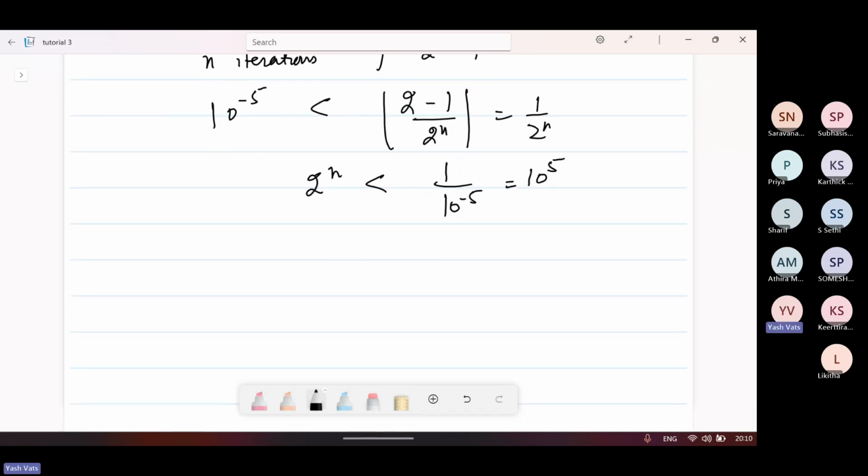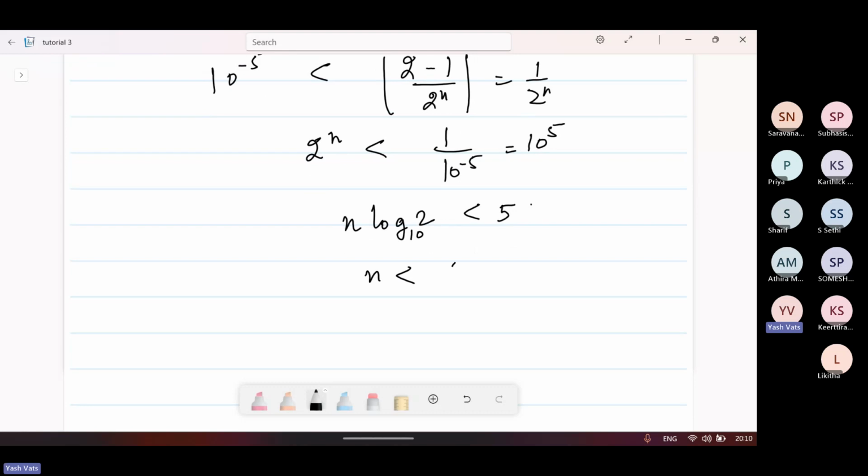Okay, so 2 to the power n should be greater than 10 to the power 5, so taking log base 10, n log base 10 of 2. What is this value?